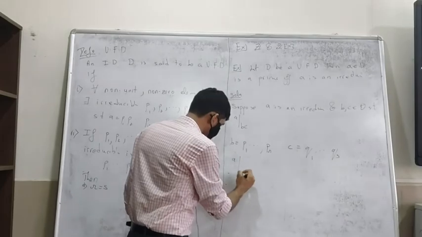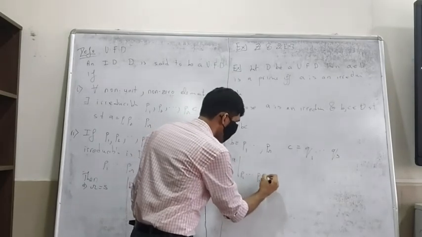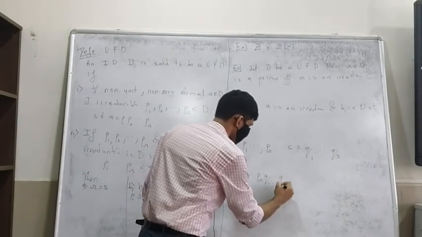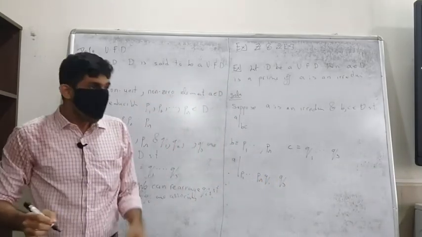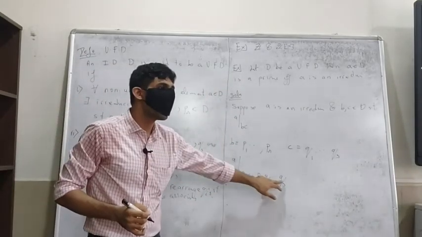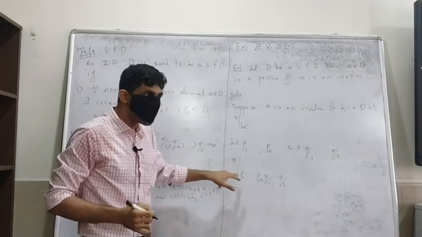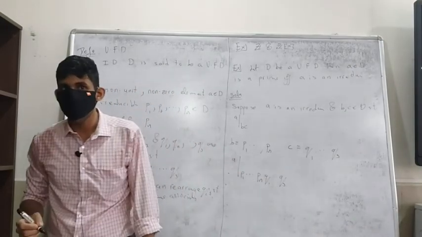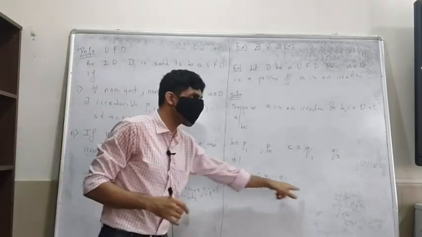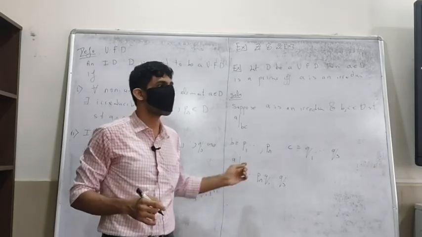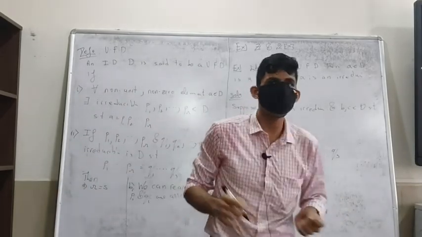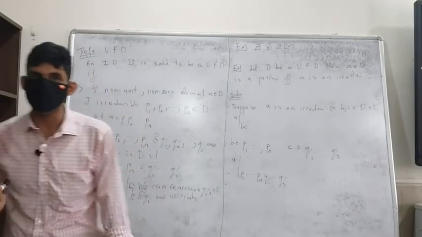A divides P1, P2 up to PR times Q1, Q2 up to QS. But these are all irreducibles. If A divides a product of irreducibles, A should be an associate of one of them.